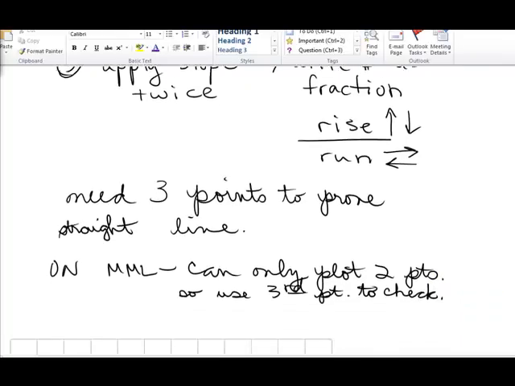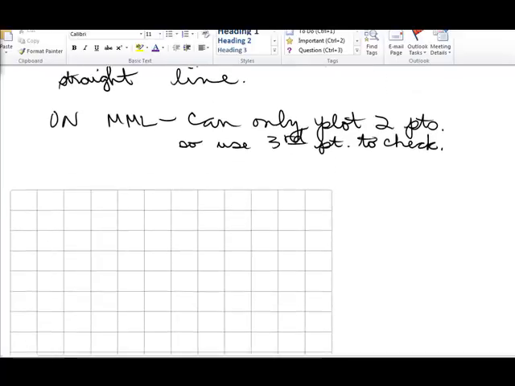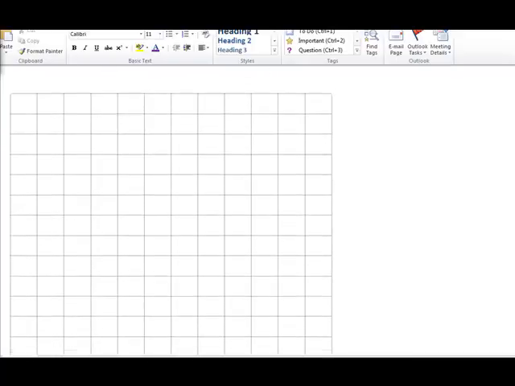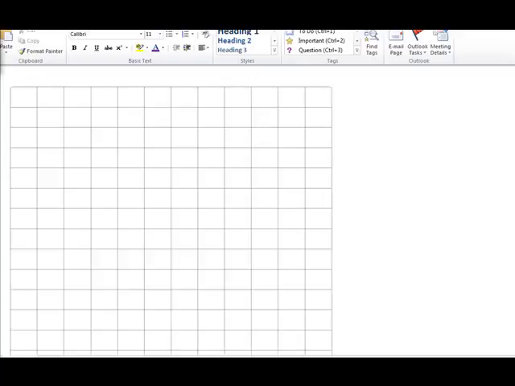Okay, so let's go ahead and look at how we use these 3 things to do the graphing. The first equation we're going to look at is y equals negative 2x plus 4. This is that first thing. It's already in the right format, so we're good.